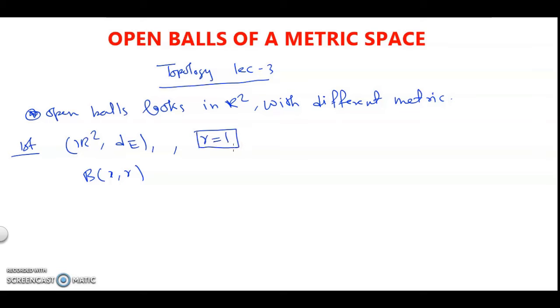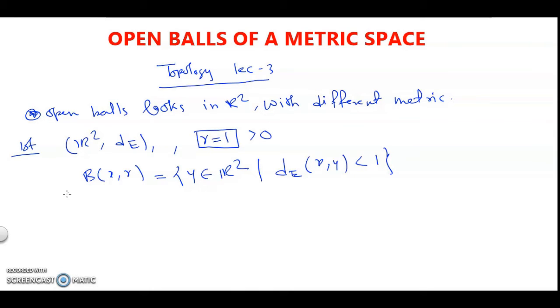You can take any r greater than 0, because this is the radius. Therefore B(x, r) equals all those y belonging to R2 such that dE(x, y) is less than 1. This is the definition.